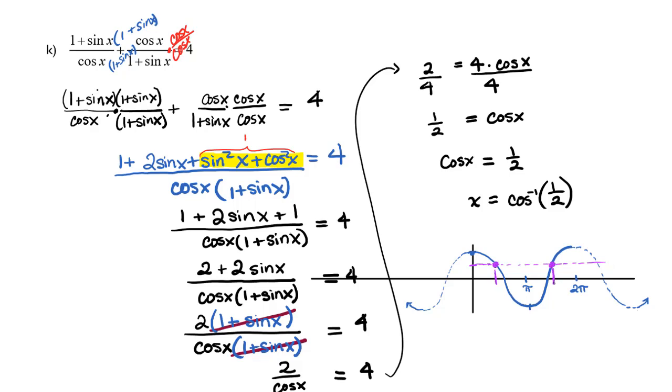And memorizing my unit circle tells me that this will be at pi over 3 and 5 pi over 3.